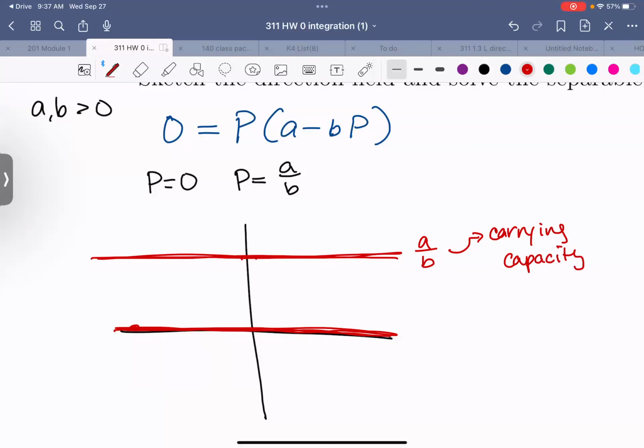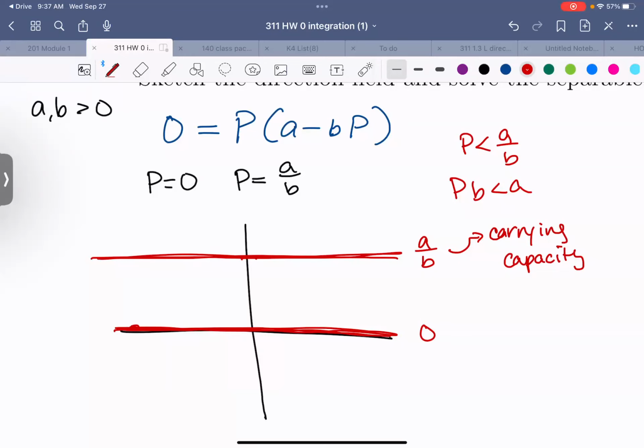And then we can check to see what's happening. So if you check for something that is less than A over B, so if P is less than A over B, then PB is less than A. So I'm looking for what happens between the 0 and A over B. I'm going to assume that P is positive, but it's less than A over B. So I want to know what's happening in between.